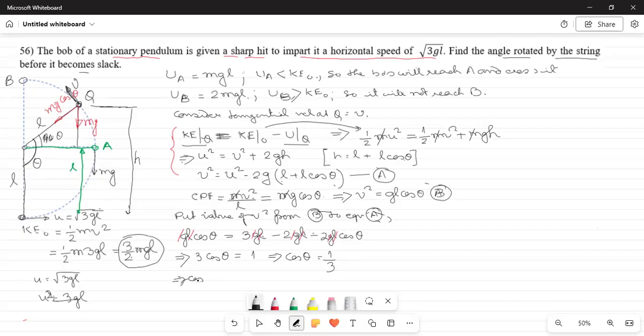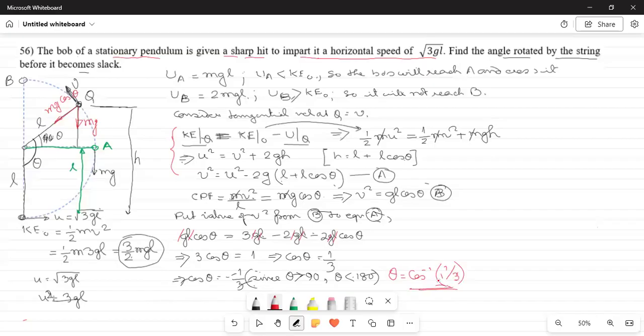Therefore, cos theta is equal to minus 1 by 3, since theta is more than 90 degrees as well as less than 180. This is the second quadrant. You know, in the second quadrant, cos theta is negative. Therefore, the answer is theta is equal to cos inverse of minus 1 by 3.